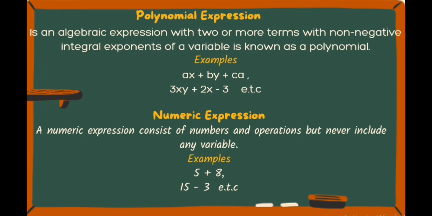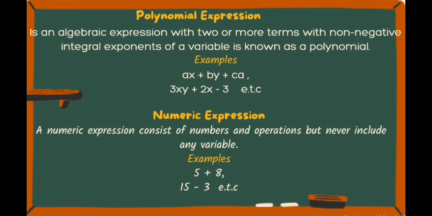Now we have numeric expression. Numeric expression consists of only numbers and operations, but it does not have any letter called a variable. For instance, you can have 5 plus 8. That is a numeric expression. 5 can stand for the age of a brother, and 8 can stand for the age of a sister.